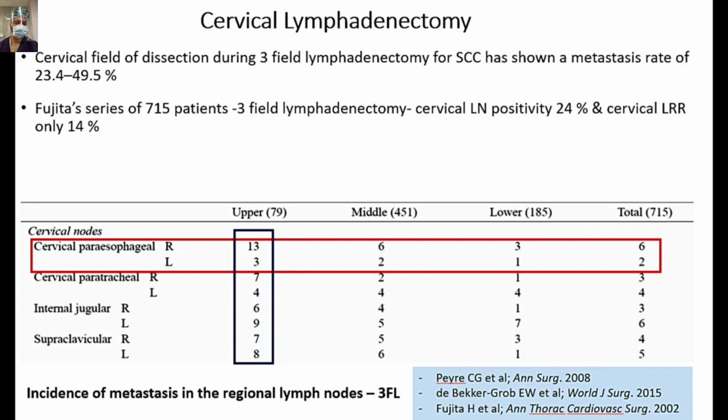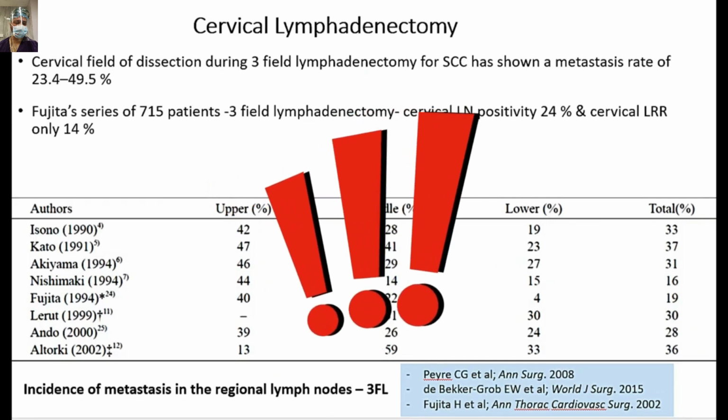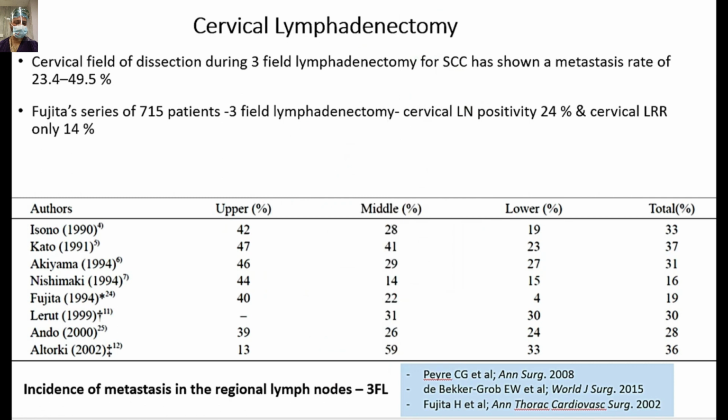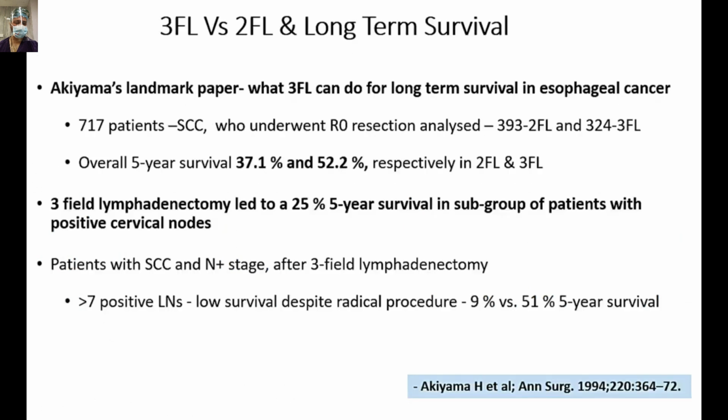Even for lower thoracic esophageal cancer, there were chances of metastasis to the cervical paraesophageal lymph nodes, 3 and 1 cases, as highlighted in this red rectangle. So these are the different series: cervical field dissection during three-field lymphadenectomy for squamous cell carcinoma has shown a metastasis rate of 23.4 to 49.5%.